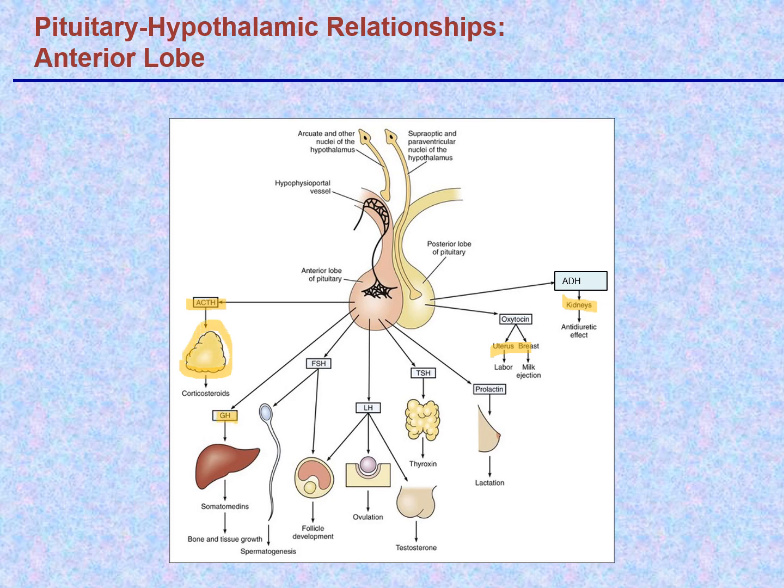Growth hormone will have effect on the liver, and follicle stimulating hormone will have effects on the gonads in the male and the female, just as luteinizing hormone also has effects on the female and male gonads. Thyroid stimulating hormone has effects on the thyroid gland, and prolactin has an effect on the breast for lactation.